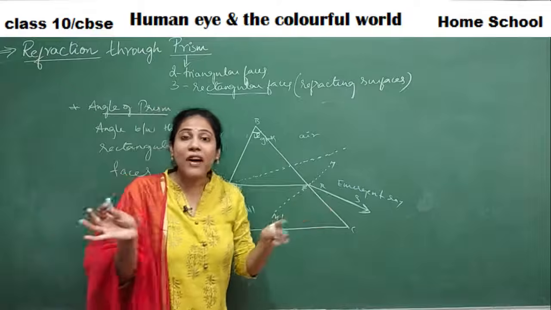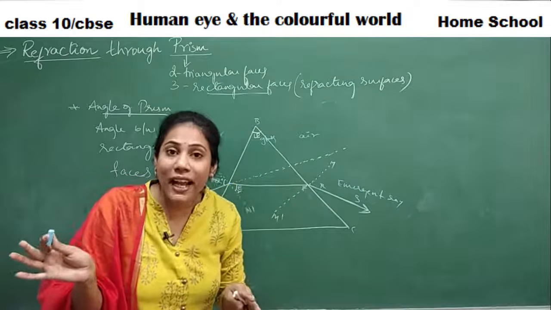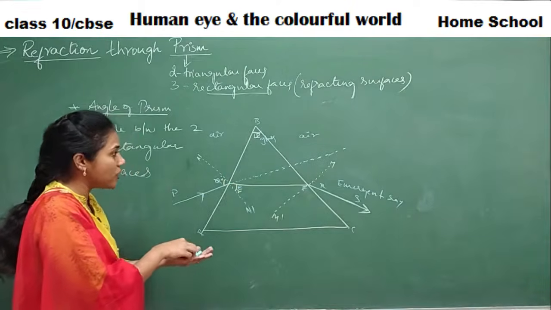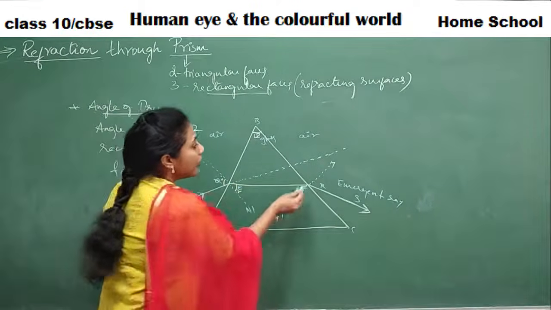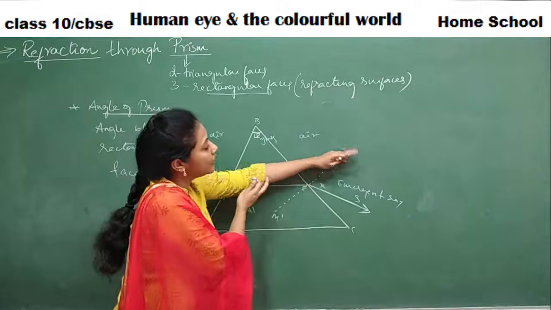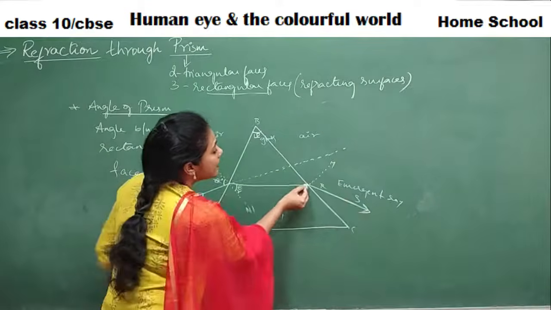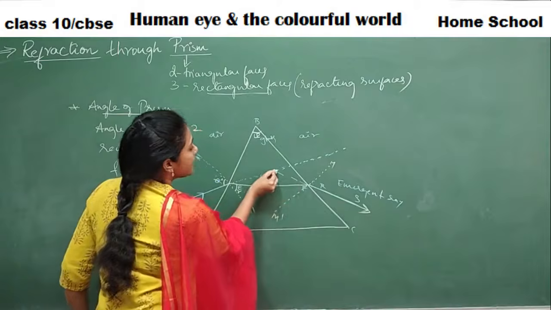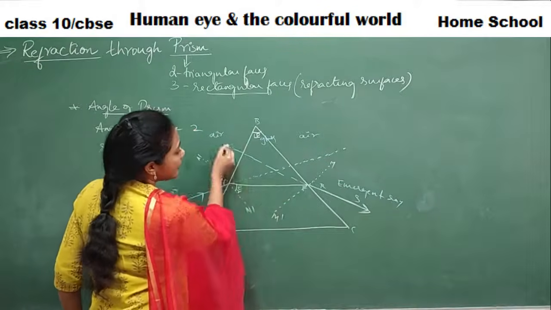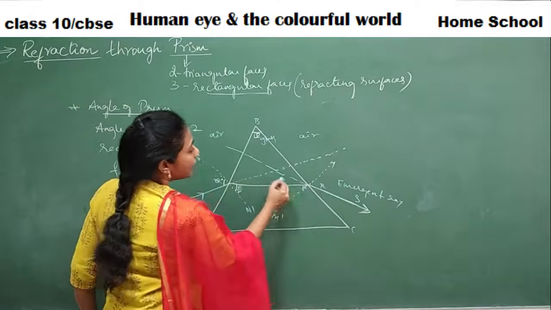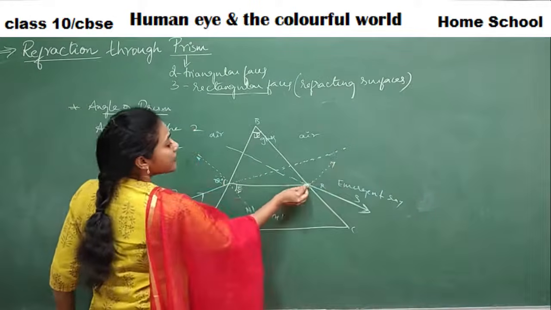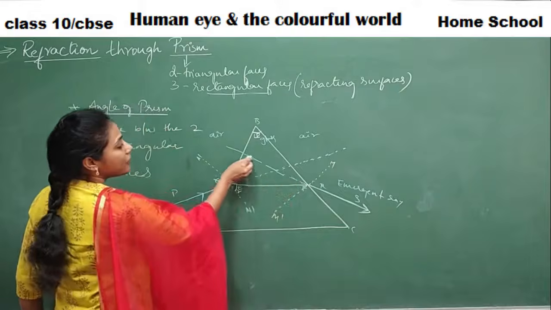So how do you find this extent of bending, guys? So very simple. What I am trying to do is just observe carefully. So normal ray has to go like this, it has bent like this, right? To find the extent of deviation, I will extend these lines. Okay, I will extend those lines. And see, this is a normal path of a light, and this is actually the bended path of a light.